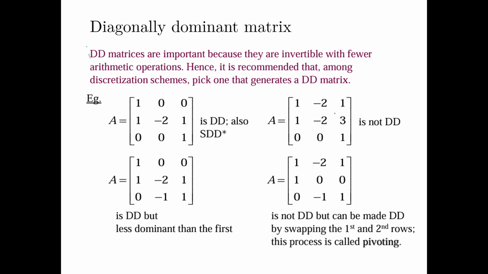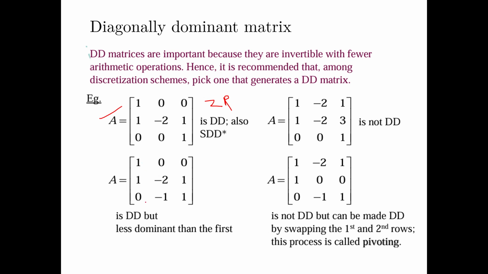If you look at this matrix, the first row is not diagonally dominant. The second row is also not diagonally dominant. The sum of these two elements would be 4, but the middle one is only 2. The last row is diagonally dominant, but overall, since the first two rows are not diagonally dominant, this matrix is not diagonally dominant. Now, if we look at the first matrix, we have two rows which are diagonally dominant.